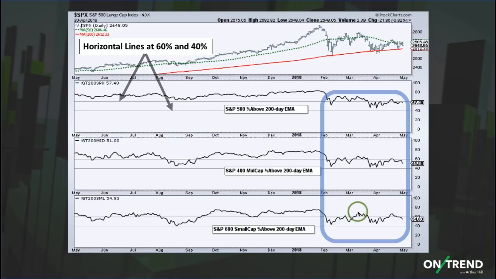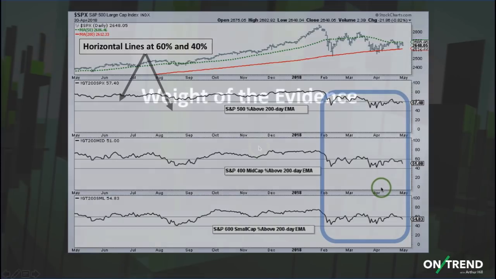We go up and down and up, and maybe we're turning back down again. There are a lot of stocks right on the edge at that 200-day EMA. So it doesn't take much to move that line from, say, 45 to 65 and then back down to 45. But we haven't seen that big down thrust to push it below 40% and get that bearish signal.